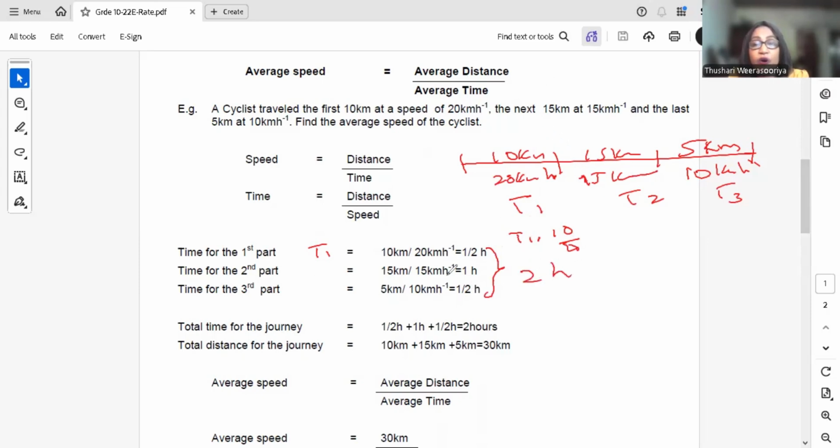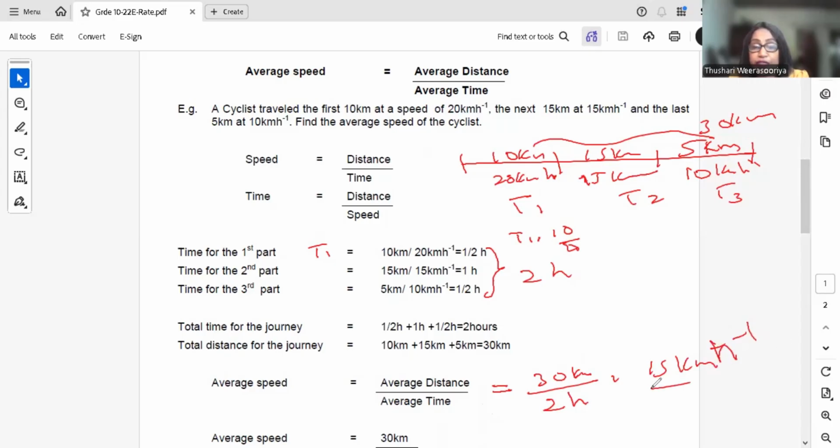Now we'll take all the distances. What is the total distance? 10 plus 15 plus 5, that is 30 kilometers. To find the average speed, total distance divided by total time. The distance is 30 kilometers and the time is 2 hours, so 15 kilometers per hour.